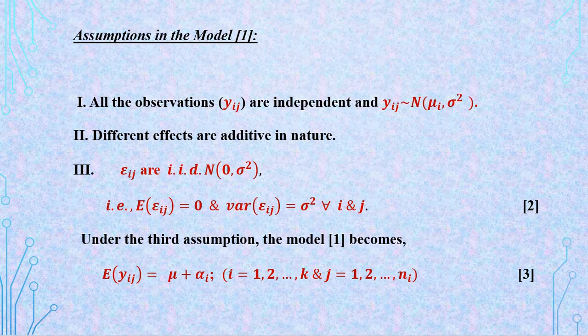That is, expectation of epsilon ij is equal to 0 and variance of epsilon ij is equal to sigma square for all i and j. So under the third assumption, the model becomes expectation of Yij = mu + alpha i, where i = 1, 2 up to k and j = 1, 2 up to ni.